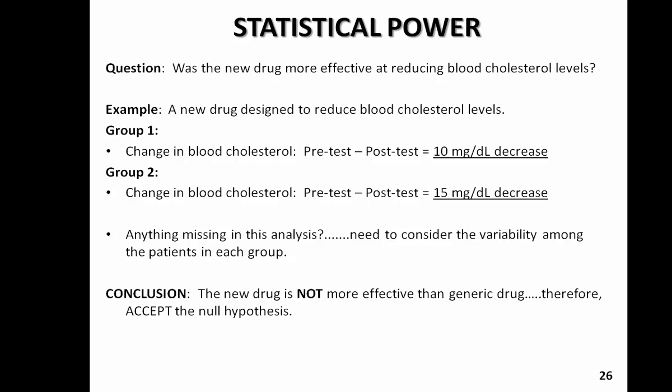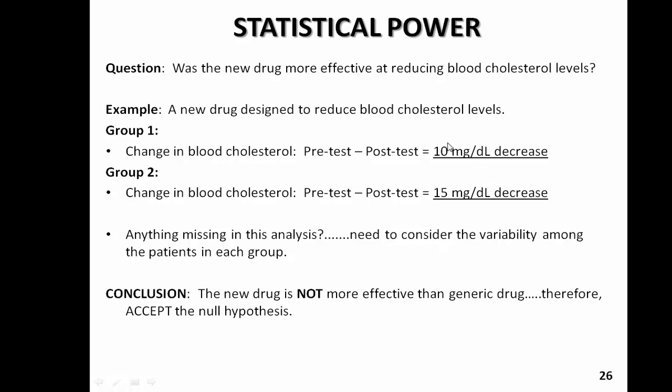As a result, if the statistical test indicates that we accept the null hypothesis, we would state that the new drug is not more effective than the generic drug, and therefore we would have to accept the null hypothesis.